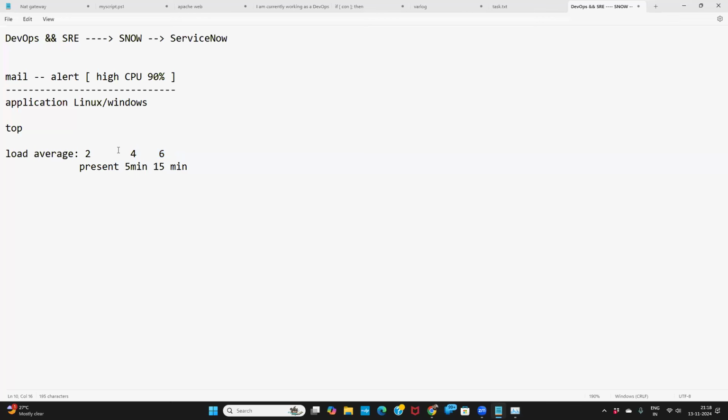What are the 6, 4 numbers and all? I'll explain, that is fine. So now tell me, is the load increasing on my machine or decreasing? Yes, it is increasing. The load is slowly increasing, right?